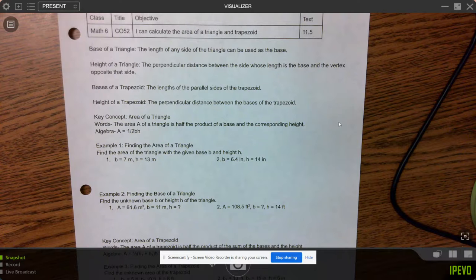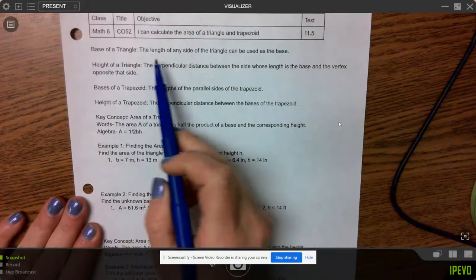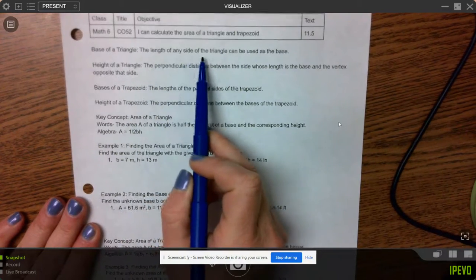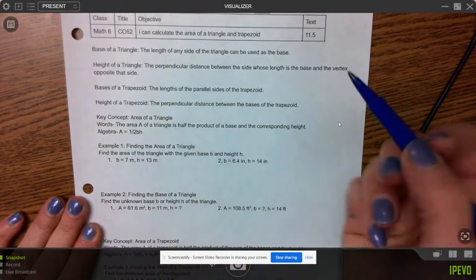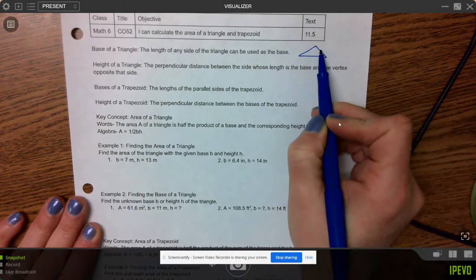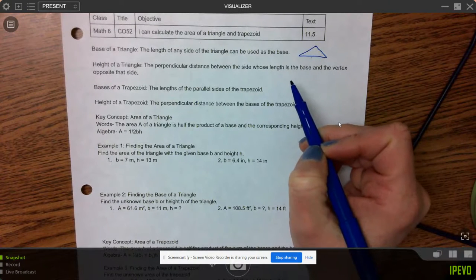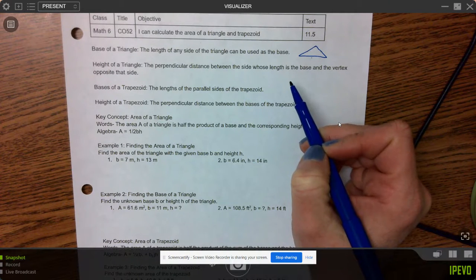So let's look at what this all means. The base of a triangle is the length of any side of a triangle that can be used as its base. So when we have our triangle, any one of these sides could be the base. Just like with our parallelogram, it didn't really matter which one was the base, because then we have to look at where that height is going to go.